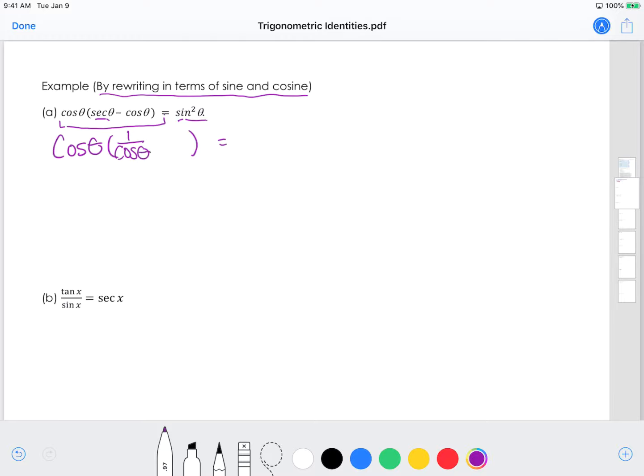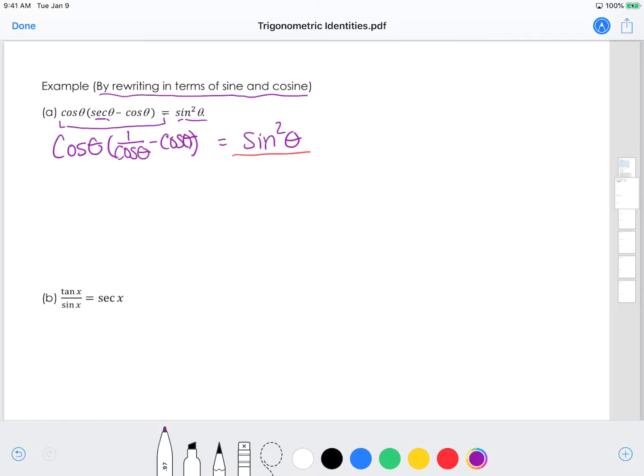So that is our reciprocal identity, minus cosine theta. And that's equal to sine squared theta. So notice I'm not touching the side. I'm just carrying it down. What I'm doing is manipulating the left side and trying to show that it's equal to the right side.